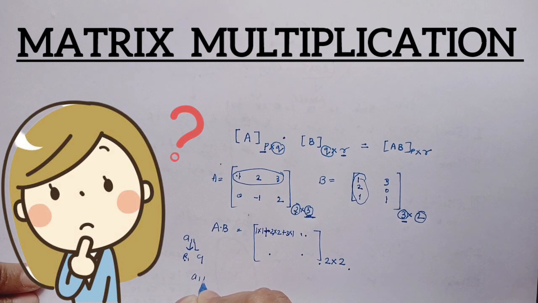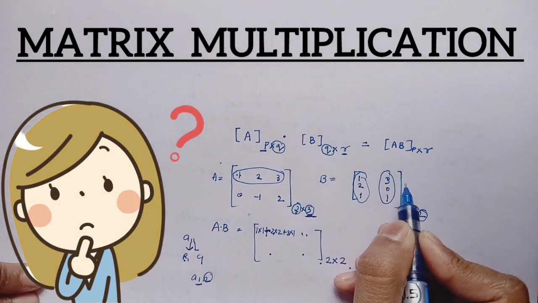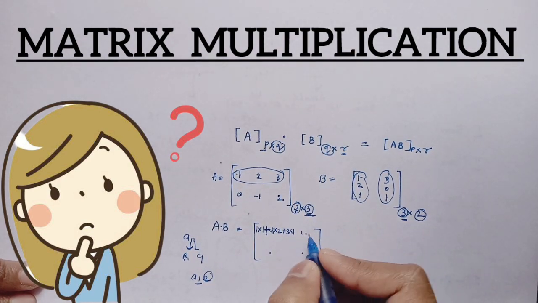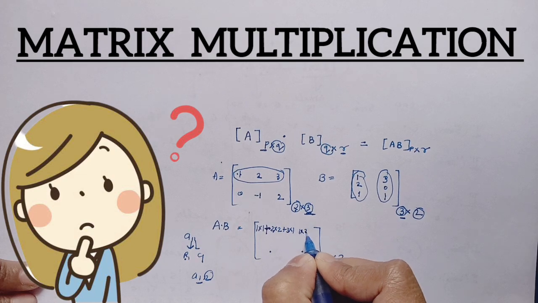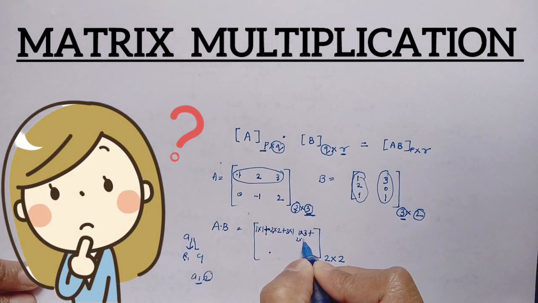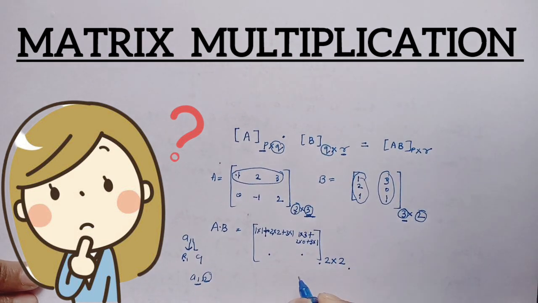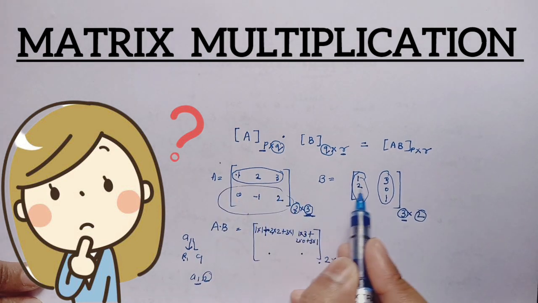So likewise, now we have to find this element. So we have A12, first row and second column. First row is here already and second column is this one now. So 1 into 3 plus 2 into 0 plus 3 into 1. So now next turn is A21, second row and first column.